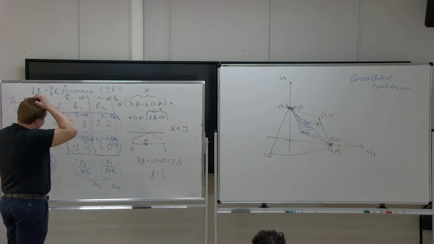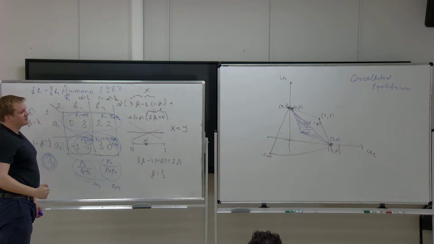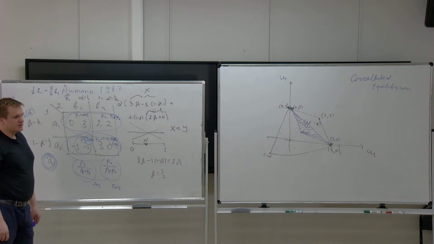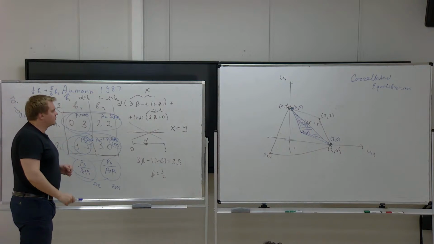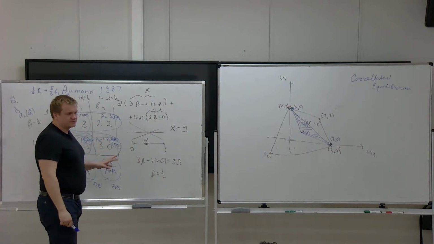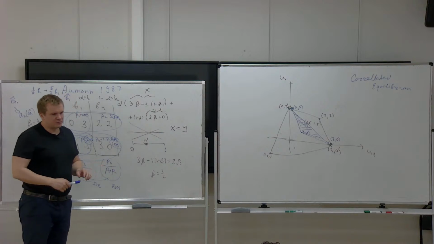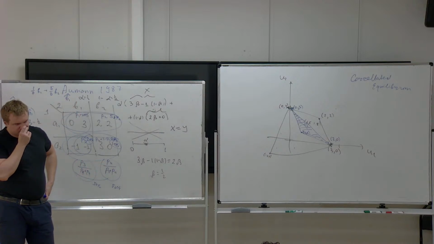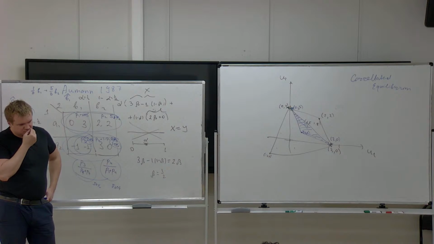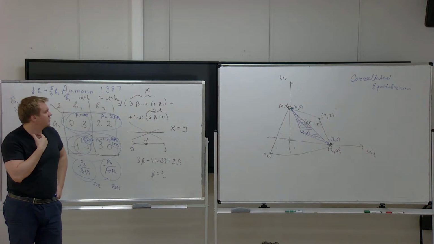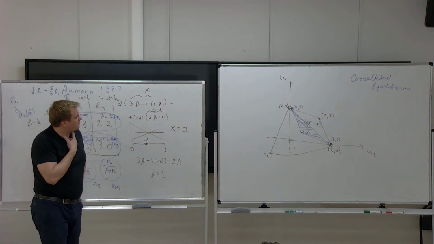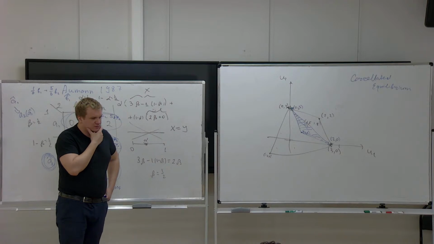Now, suppose I'm interested in correlated equilibrium in this game. Of course, with correlated equilibrium, I can do any Nash equilibrium. No problem. But can I do anything better? Can I go outside of the blue triangle?